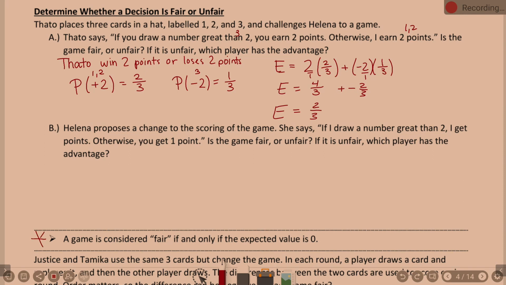If a game is considered fair, the expected value is 0, because they would have equally likely chances. Here, while the points are the same, the probability is not the same, is it? No. So the question was fair or unfair, which player has the advantage? This is, as we talked about, unfair, and the advantage is to Theo.